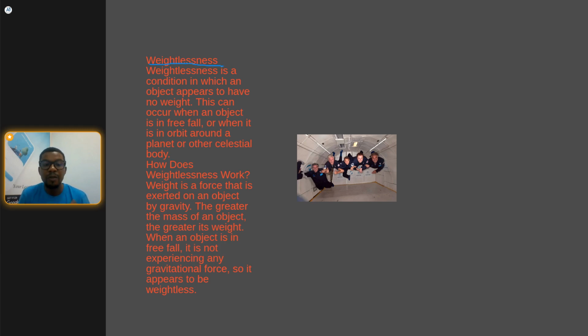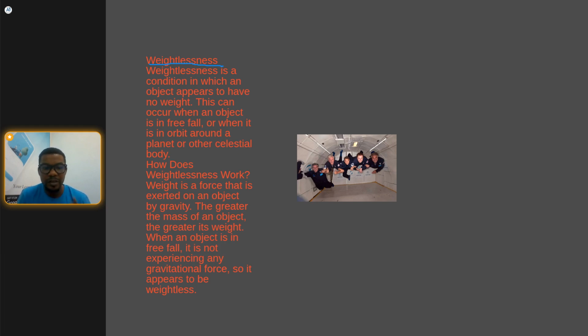Weightlessness, from the word, this is normal English. Weightlessness means it does not have weight. From that word, if you have to define it literally, something that does not have weight is said to be a weightless object.